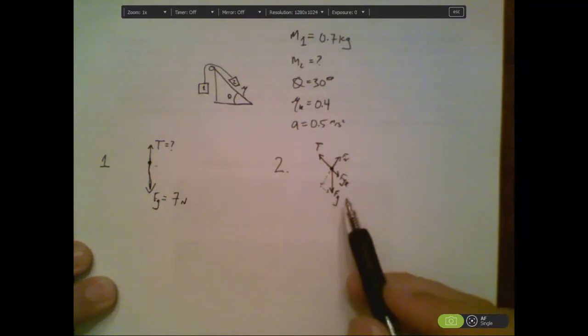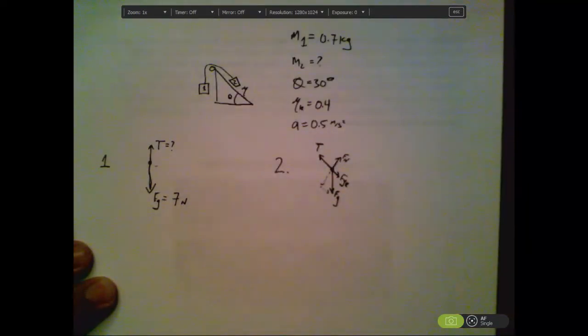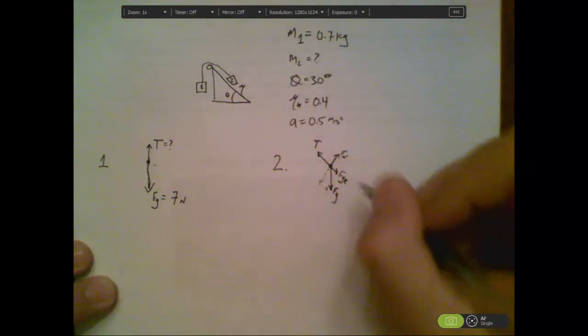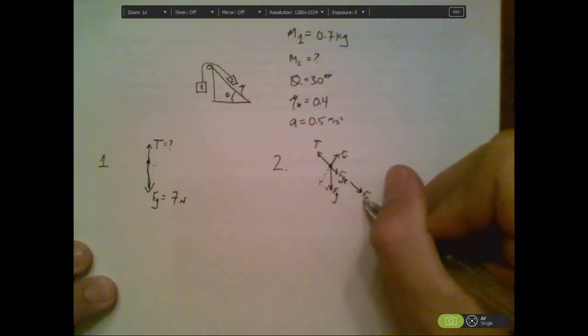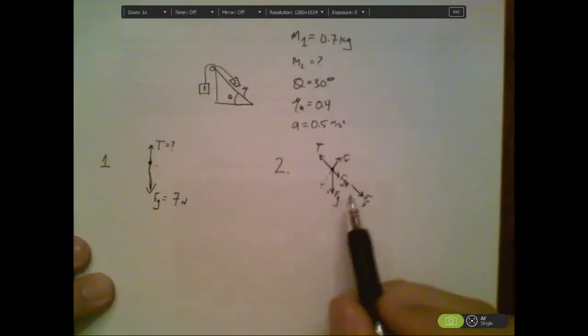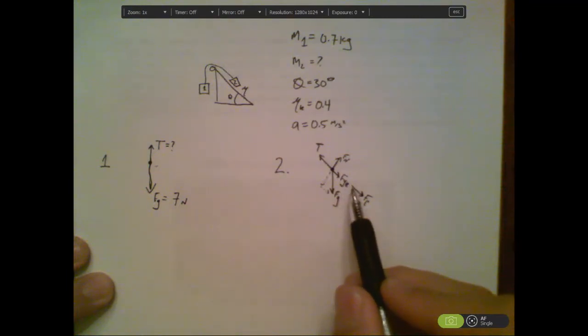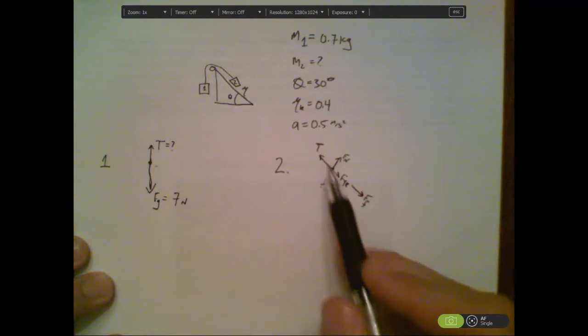We also have friction. I'm going to draw it out here just to keep it all in line. It's acting in the same direction as this component of gravity, holding it against the tension pulling it up the ramp.